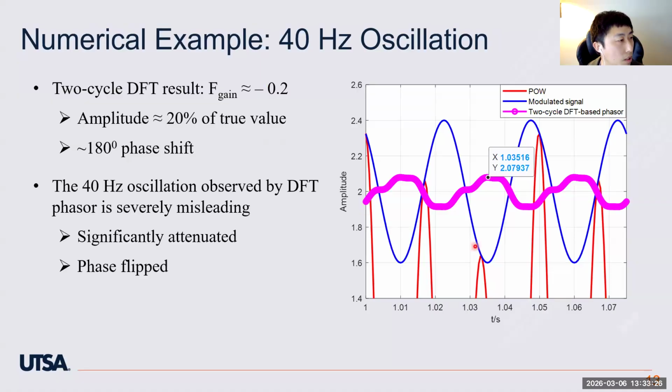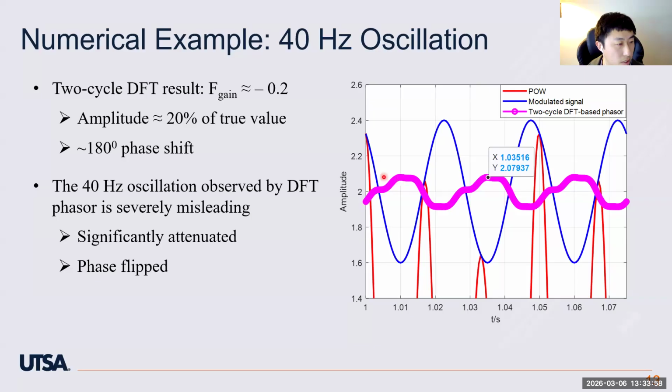Next I'm going to show a numerical example. The same 40 Hertz oscillation, but this time instead of using a 1-cycle DFT, I'm using a 2-cycle DFT. So in this case, n equals 2. From the expression, we can calculate a number that is around negative 0.2, which means the magnitude of the oscillation estimated by the DFT phasor is 20% of the true value.